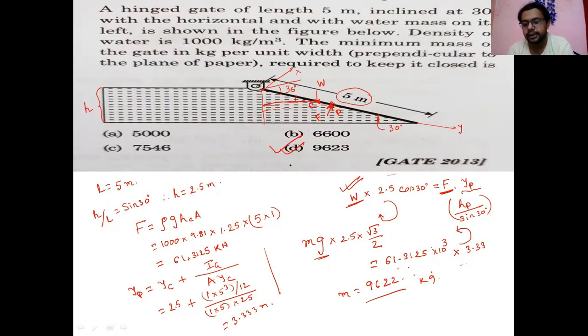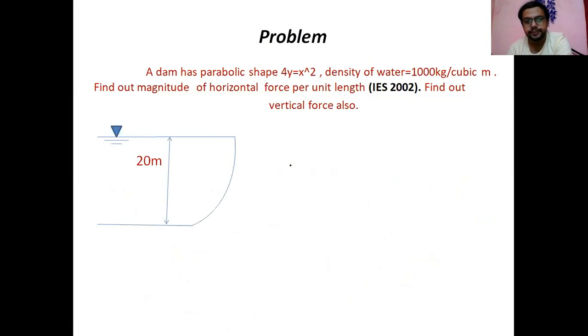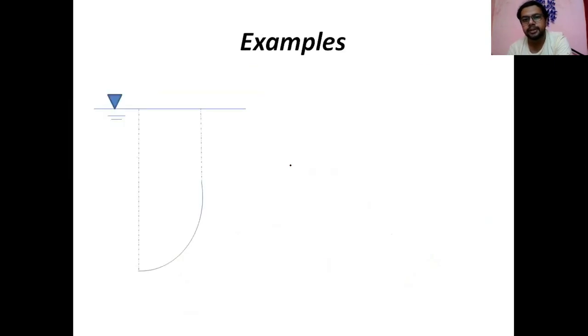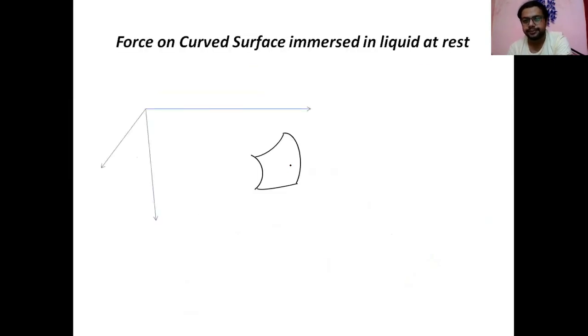Now we'll come back to the force on a curved surface which is immersed in a liquid. So let us take a curved surface like this. In the curved surface, you take one elemental area.